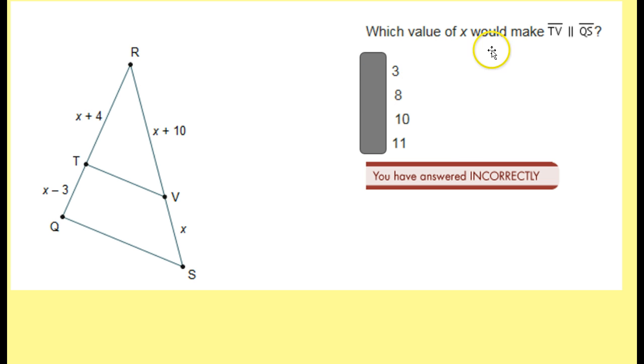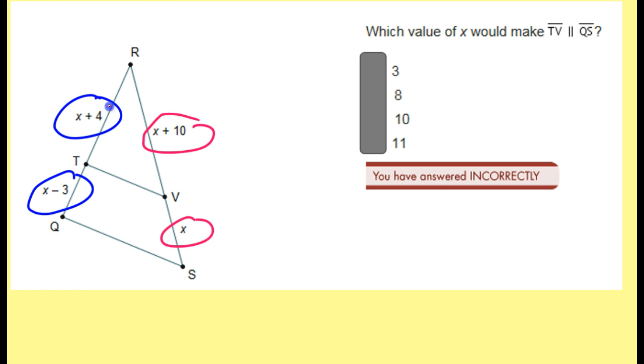Okay, this problem is not like the ones that we just did, so let's switch our brain. What value of x would make TV parallel to QS? If TV is parallel to QS, then these lengths should be proportional, meaning if I make fractions out of them, they should be equal.